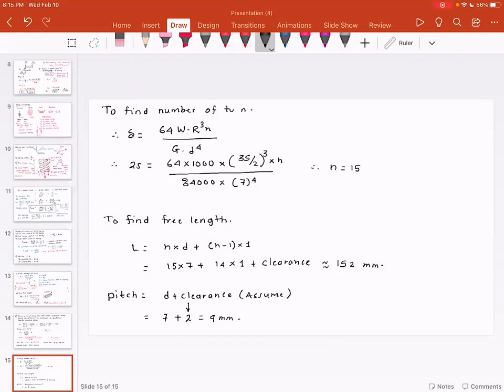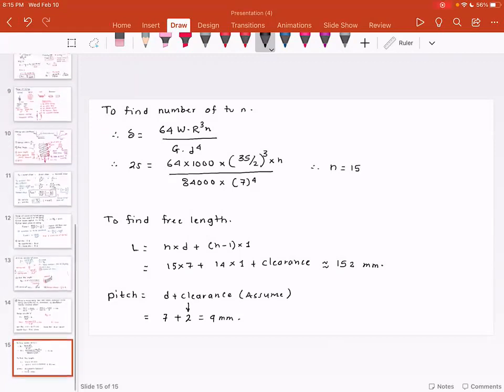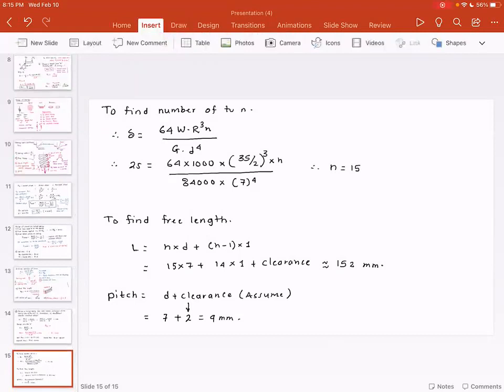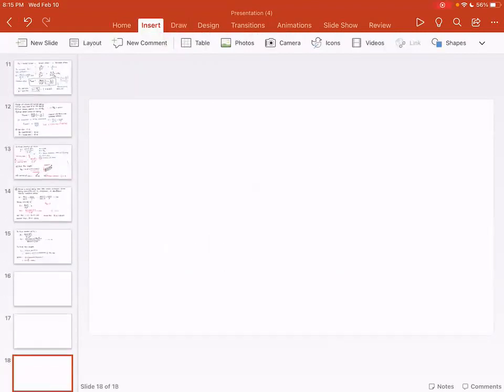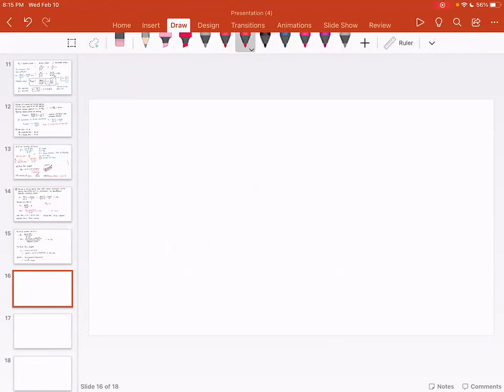So let me take the design problem for clutch spring. At this point, what I want to do is introduce you to the concept of clutch. Some of you may know the concept of clutch, but here is the idea.